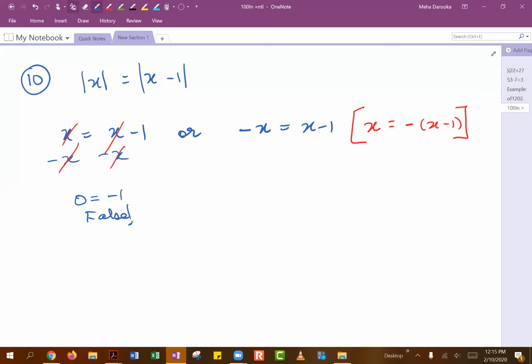Did you do negative x plus 1? And then what did you do with your x value?